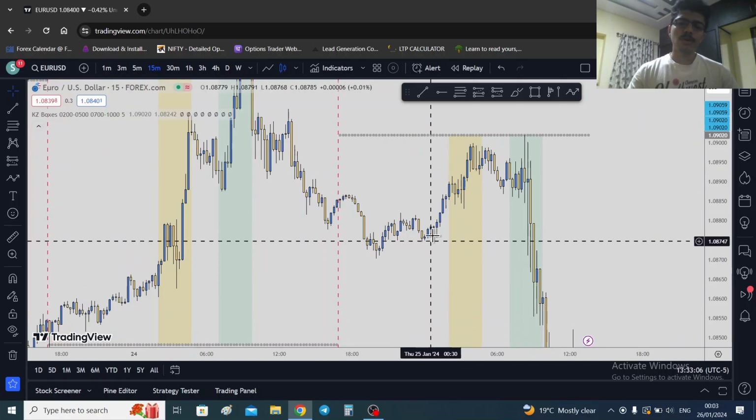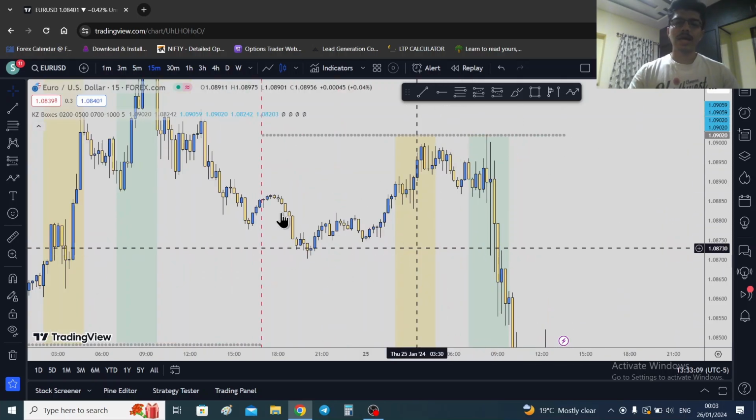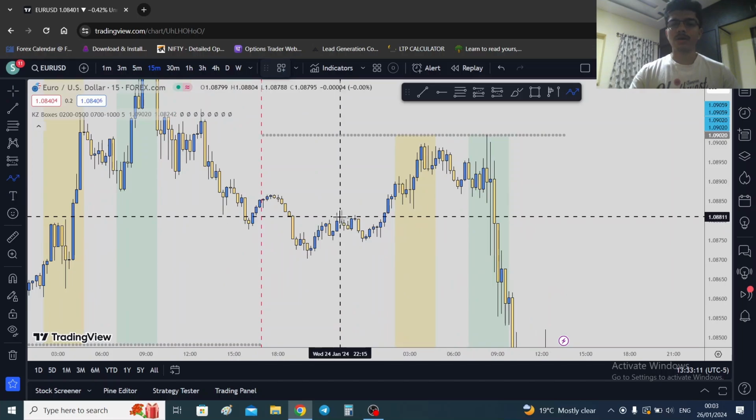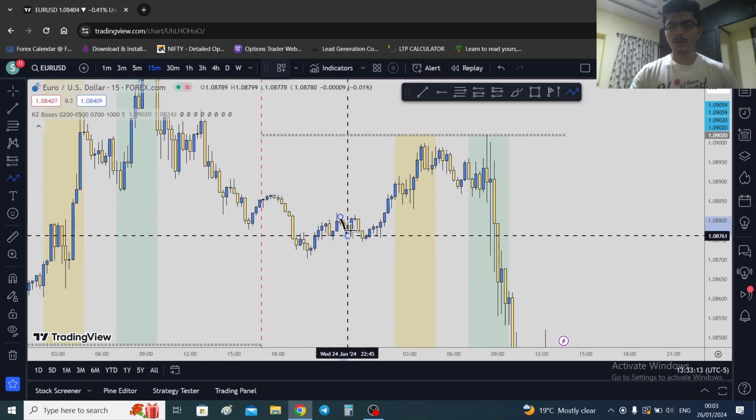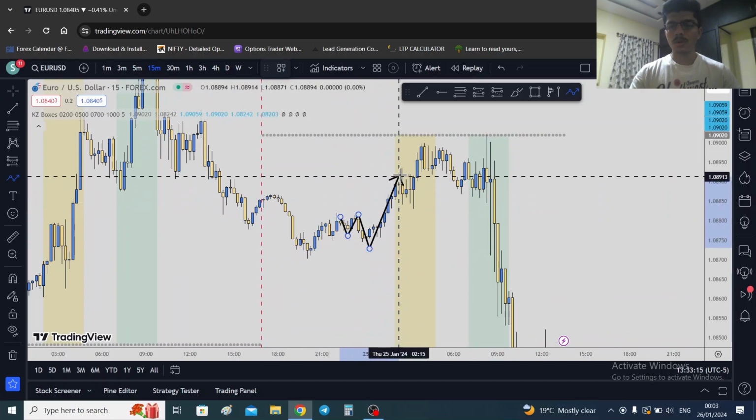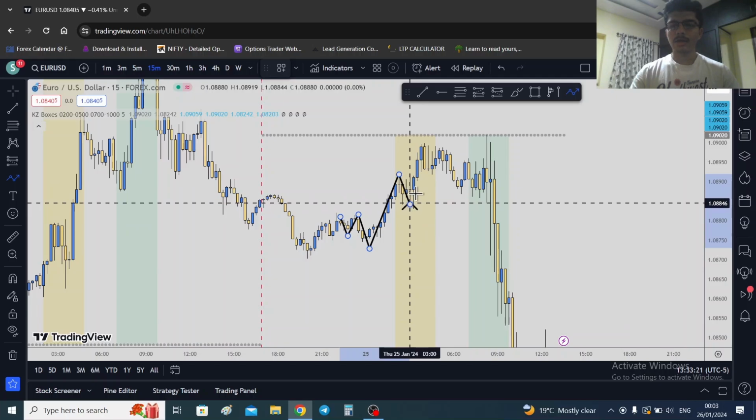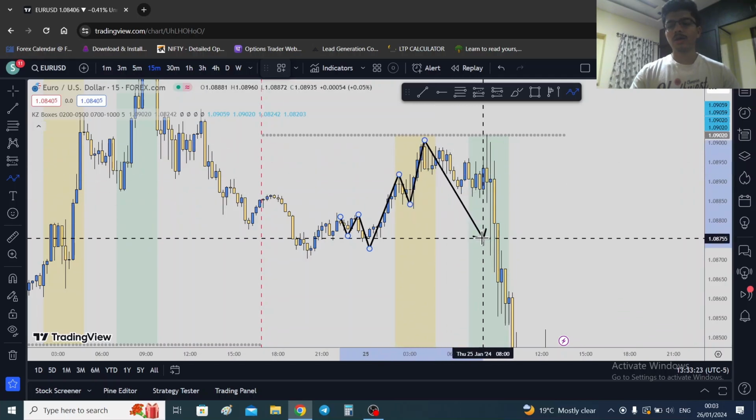If we had to take trades today on the 15 minutes chart, what do we see? We see low, high, lower low, higher high. We have a bullish breaker, a low of the range. We have high, low, higher high.